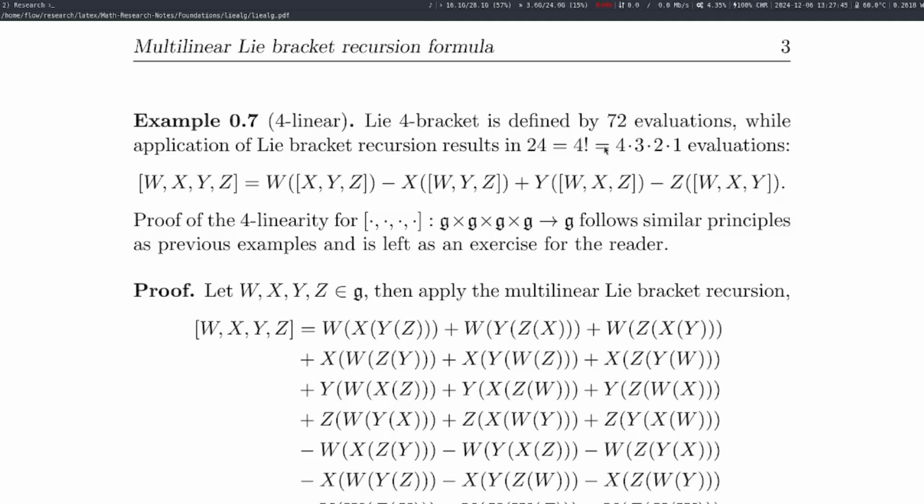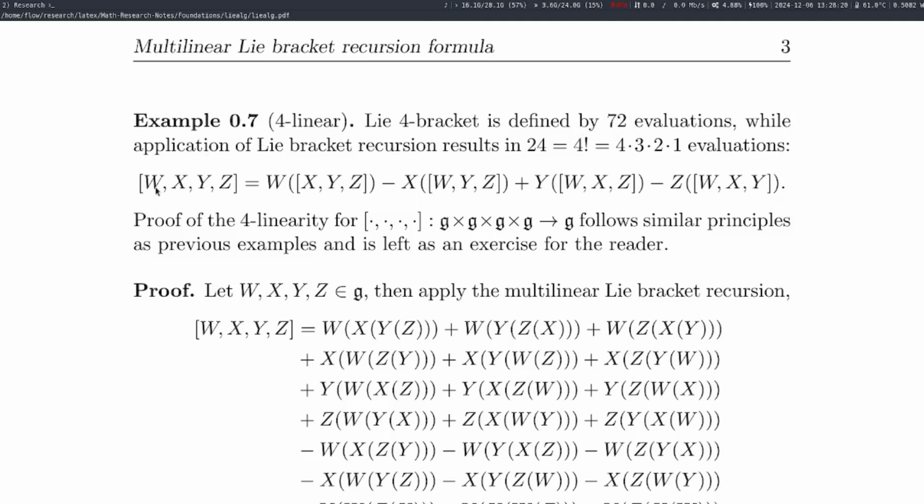So it's a factorial. That's the number of evaluations. If you use my multilinear Lie bracket recursion formula, which I proved, then this is a new formula which I showed, which simplifies the number of evaluations. So this is 1/3 of the evaluations that the original definition of 72 evaluations has.